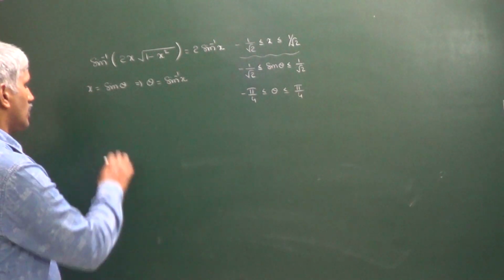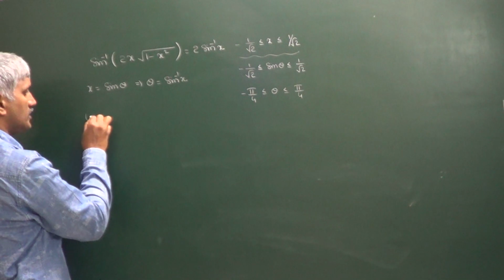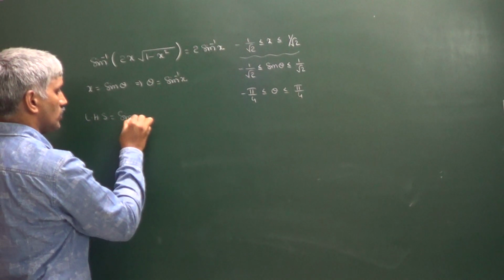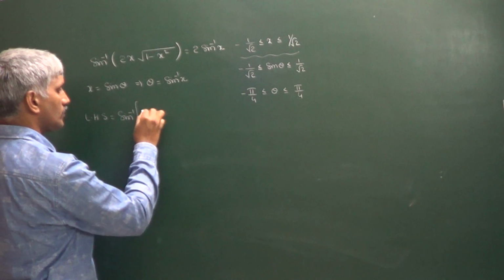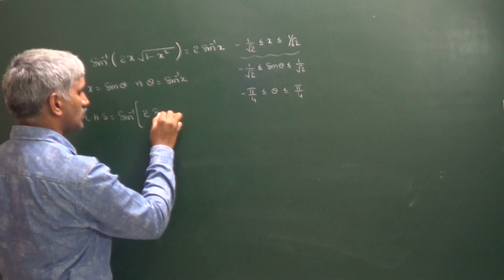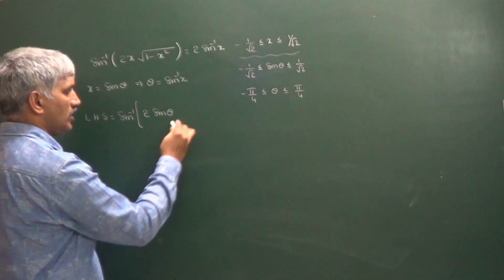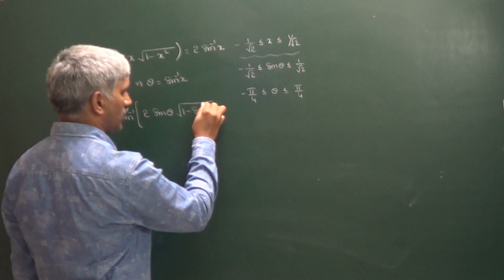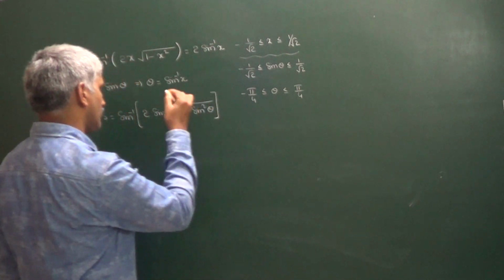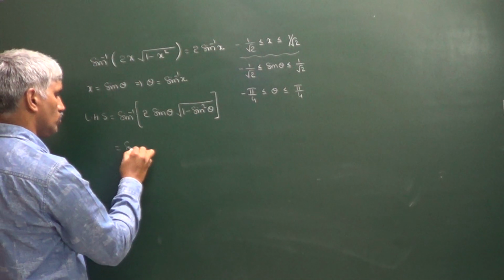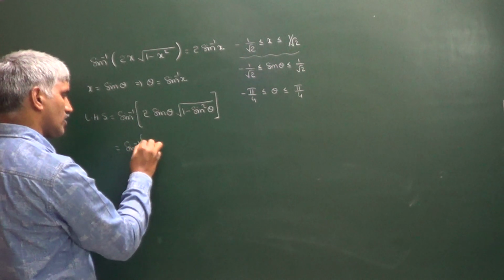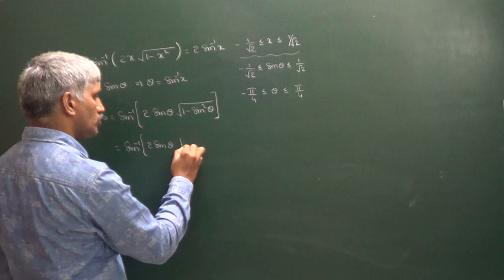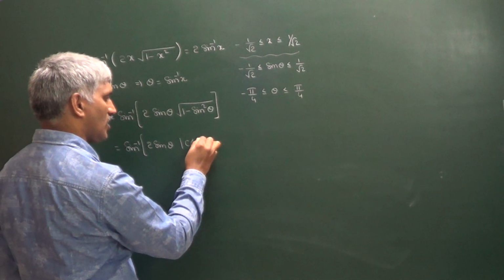Okay. Now, because of this substitution, the left hand side changes: LHS is equal to sine inverse of 2 into, in place of x, sine theta into root of 1 minus sine square theta. Take care about every step here. Now this is equal to sine inverse of 2 sine theta into modulus of cos theta.